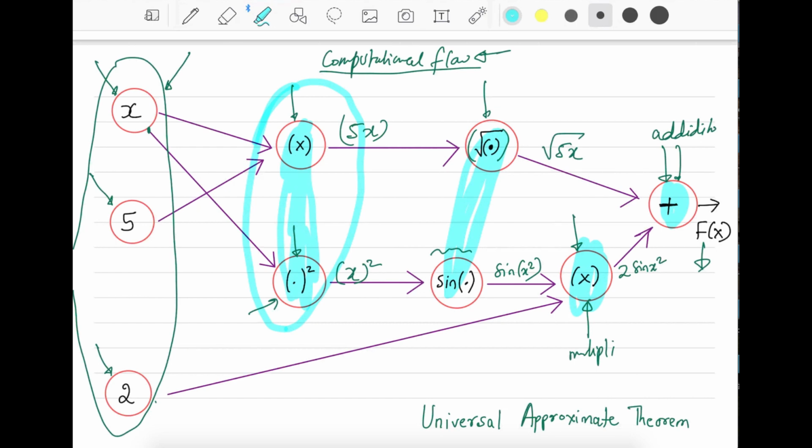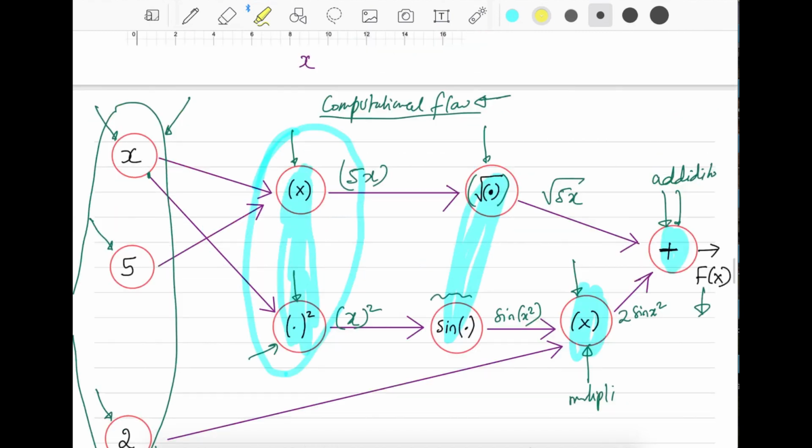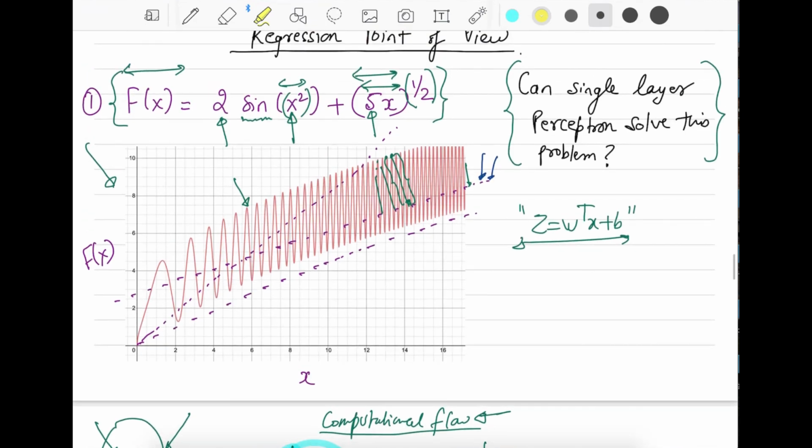And there is a theorem in machine learning called the universal approximation theorem. What it says is that the neural network you are trying to use will fit the curve, however complex the curve is.